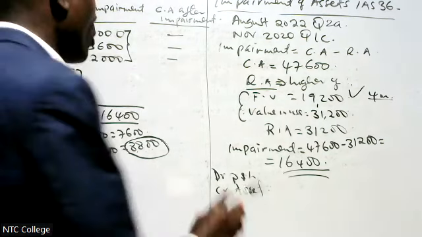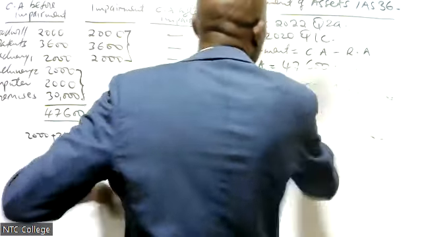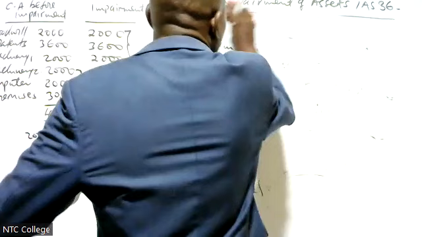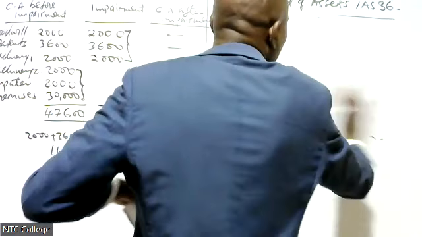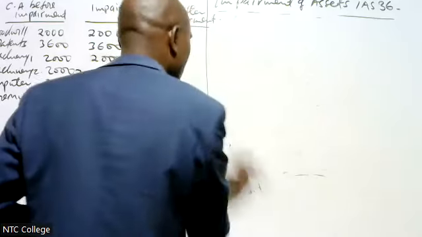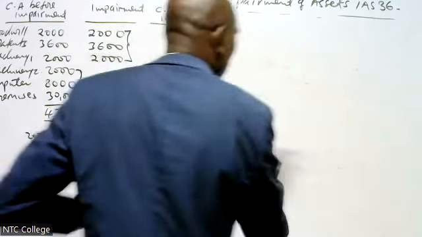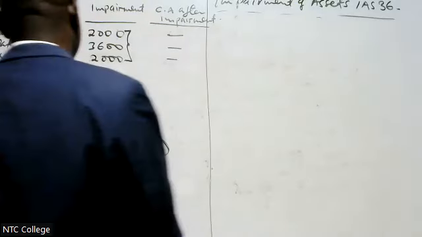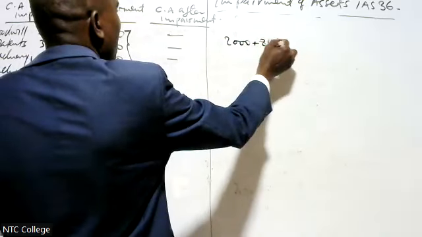How am I going to allocate? Let me show you how I'm going to allocate. I'm going to take the value of these good assets, which is 2,000 plus 8,000 plus 30,000.